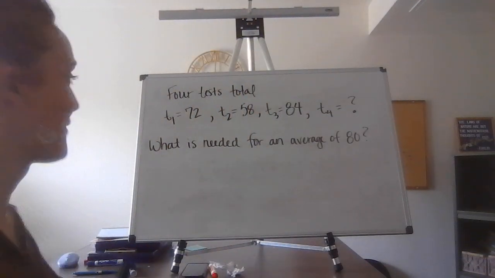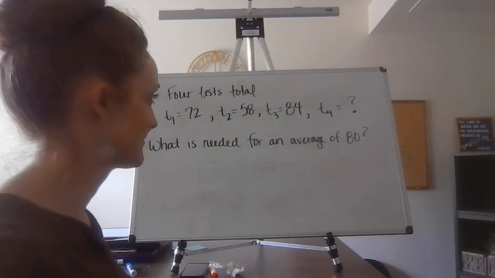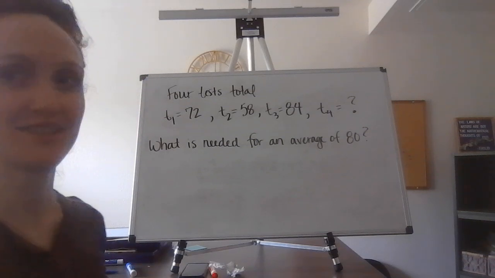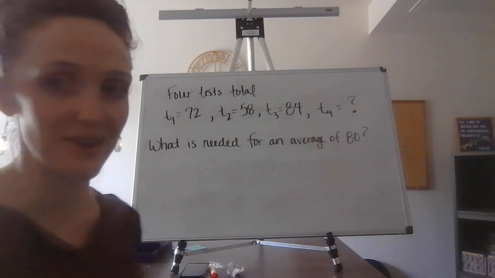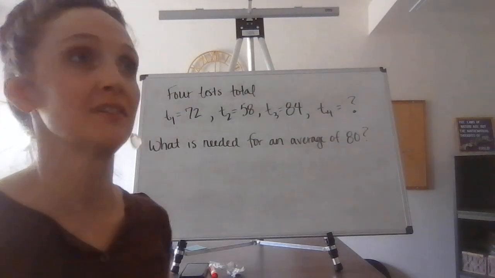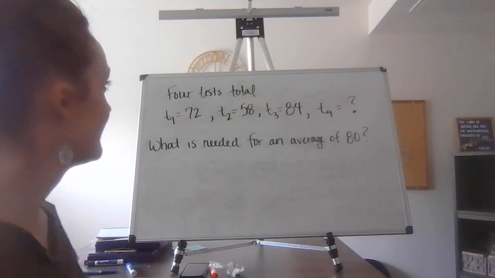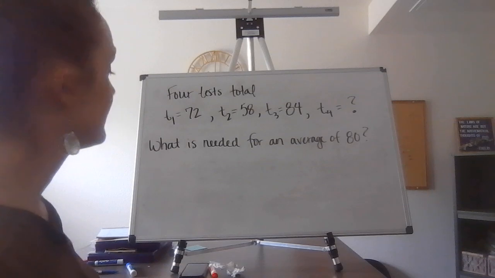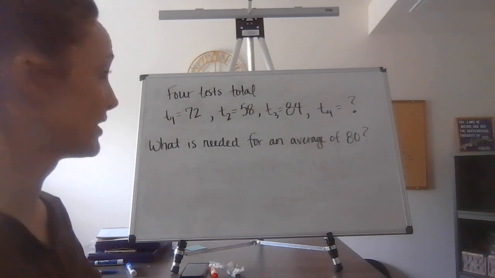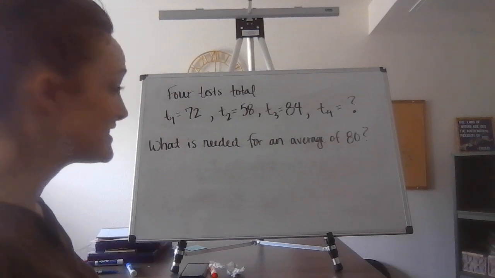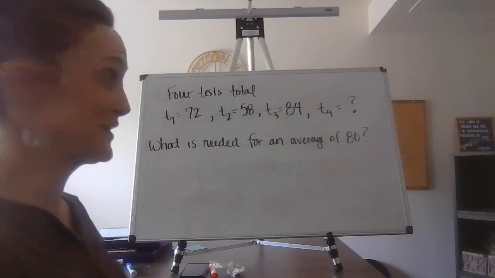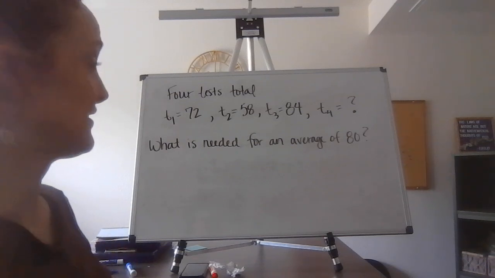Okay, so this next problem on your in-class assignment is one that is super useful and probably one that you've actually done before in real life just because you needed to know, right? You're given a situation where there are 4 exams in this class. 3 of them have been taken, and this person is really hoping to get an average of 80 on their test scores.